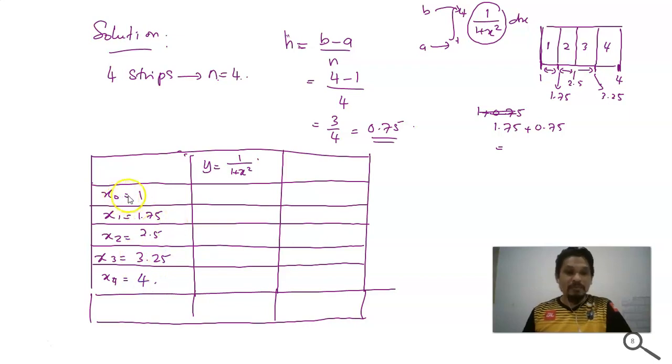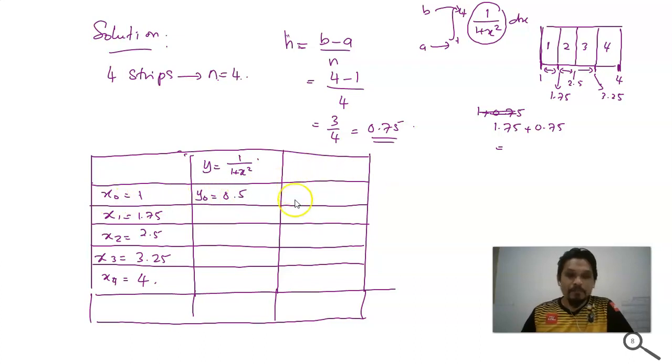Substitute x naught, which is 1, into the equation: 1 over 1 plus 1 squared. 1 squared is 1, 1 plus 1 equal to 2, 1 over 2 equal to y naught, which is 0.5.